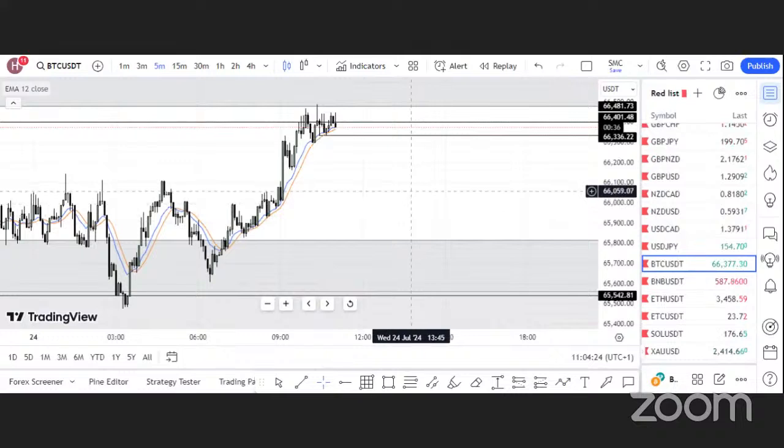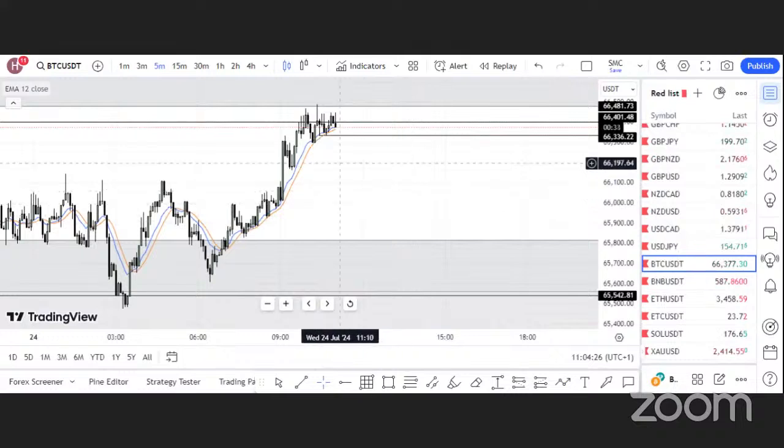By then, we would have double confirmations, which is the market closing below this low and closing below our two moving average.